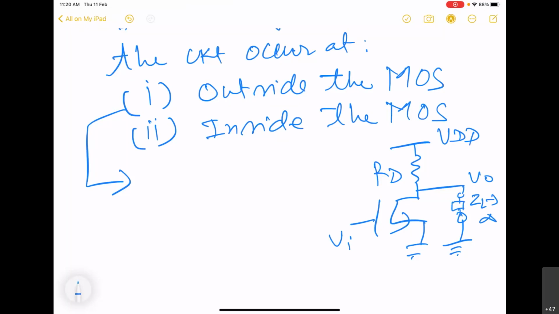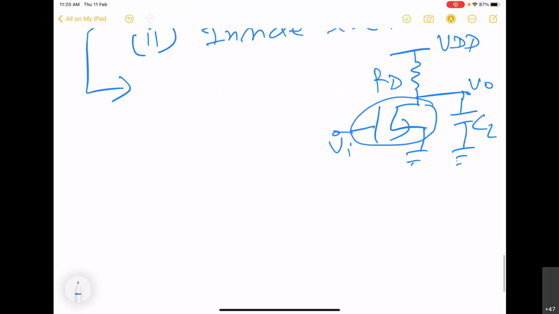An impedance will be connected here. And let us take one example that this impedance that is connected here is of capacitive nature, and for simplicity, let us take it is a pure capacitor like this. So this is the example of capacitor or the frequency dependent component appearing outside the MOS. So here this is the MOS, which is the heart of this circuit, and then we have capacitive load.